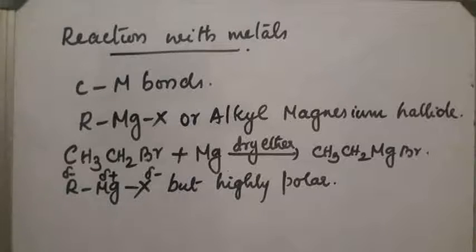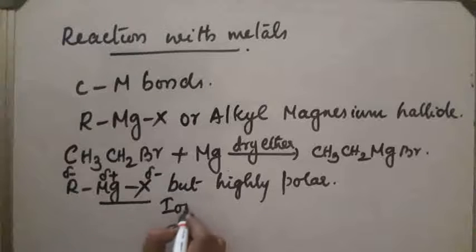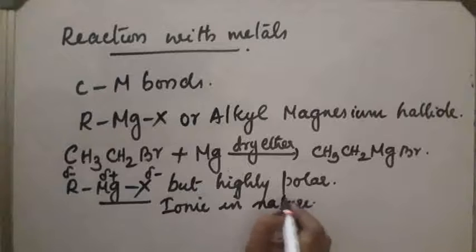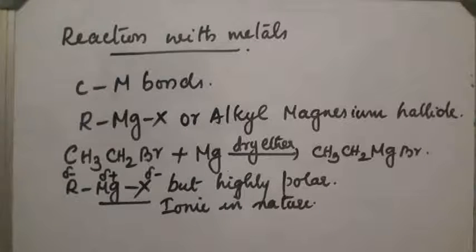The carbon pulls electrons from the magnesium towards itself, while Mg-X is ionic in nature.